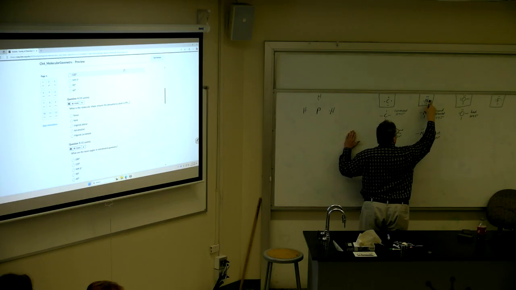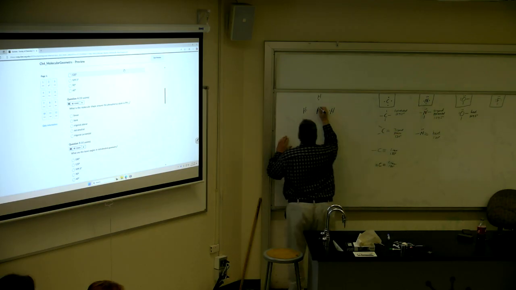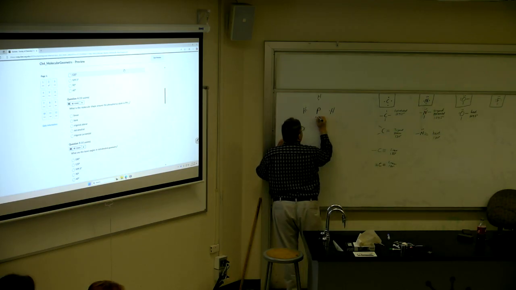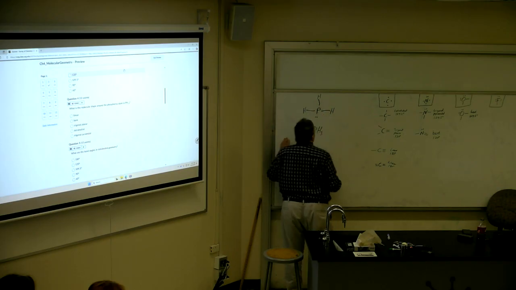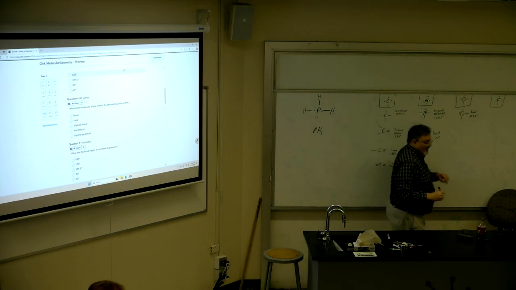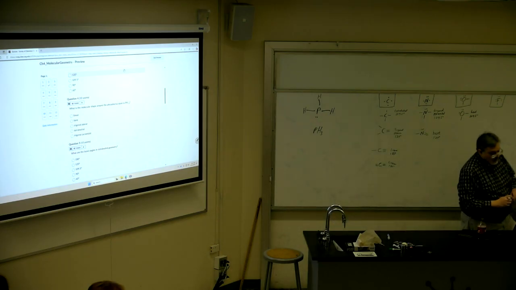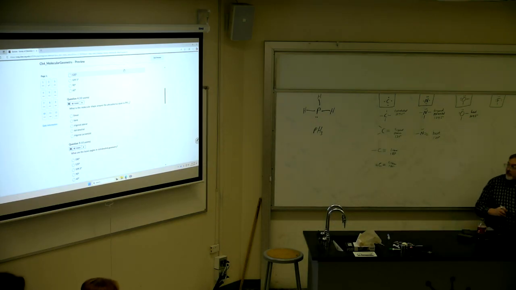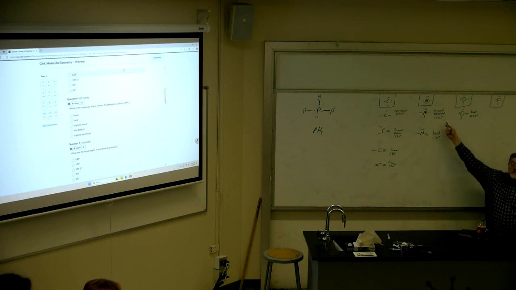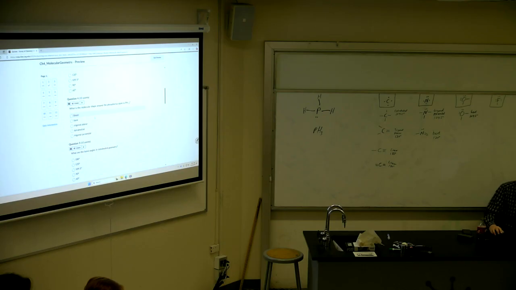Oh, I should have said sulfur is the same as oxygen. But 1, 2, 3, 4, 5. So I would do this. You need a lone pair and then 3 atoms like that, and then you can connect these together. That's the PH3 diagram. So what would the molecular shape be for that? Exactly like this, trigonal pyramidal.